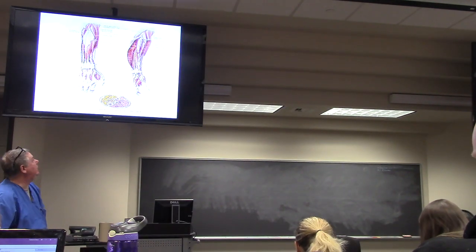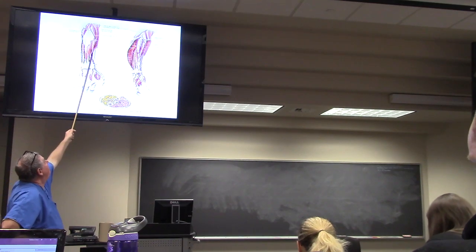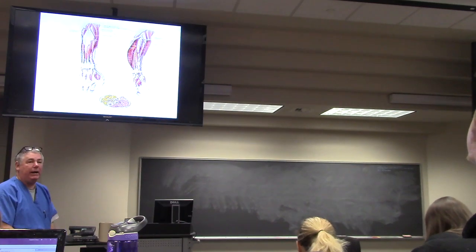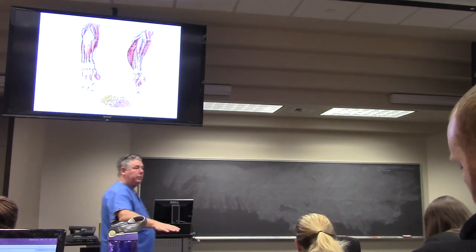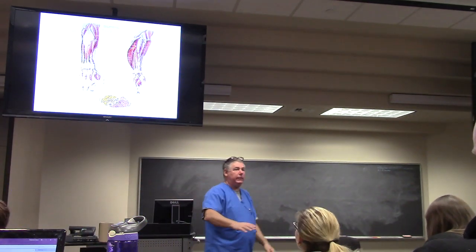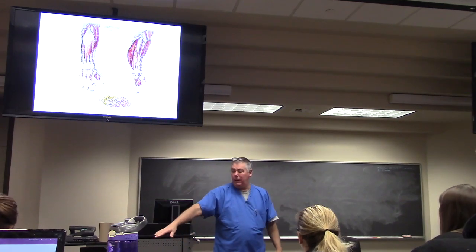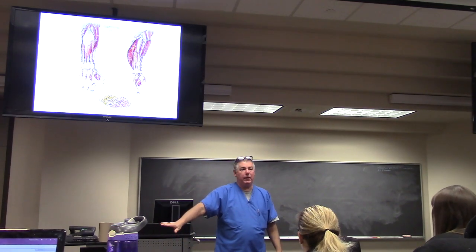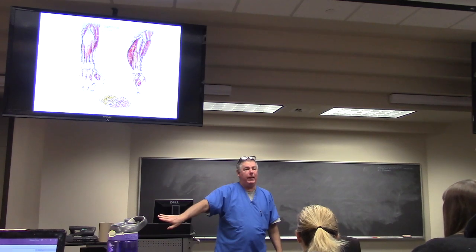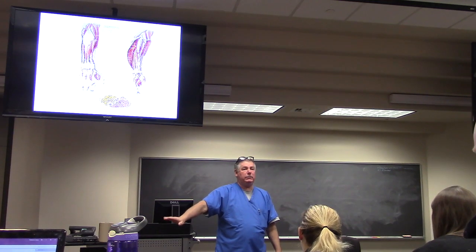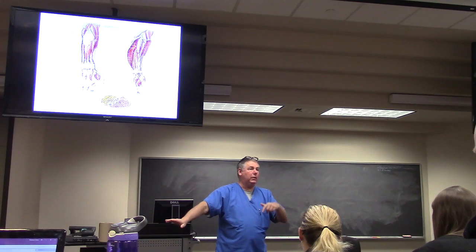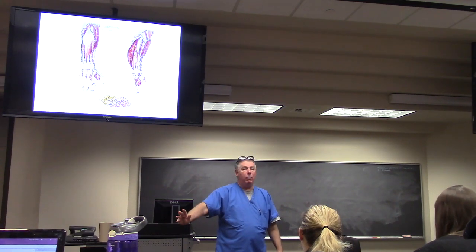And one overlies the other. They're very easy to see in lab. So if I'm going to contract the extensor carpi ulnaris, then that means I'm going to extend and ulnar deviate the hand. On the radial side, it's the extensor carpi radialis, longus, brevis, extend and radially deviate.